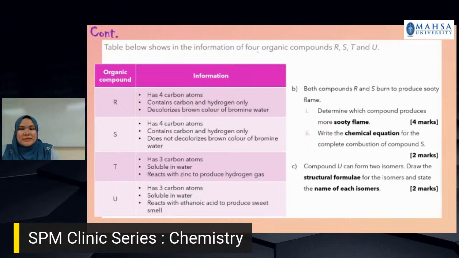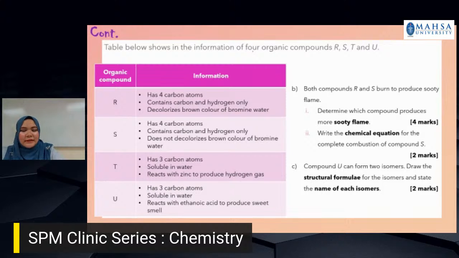So the question is how to differentiate between R and S according to the flame. You need to find the relative molecular mass for R and S according to the information given.